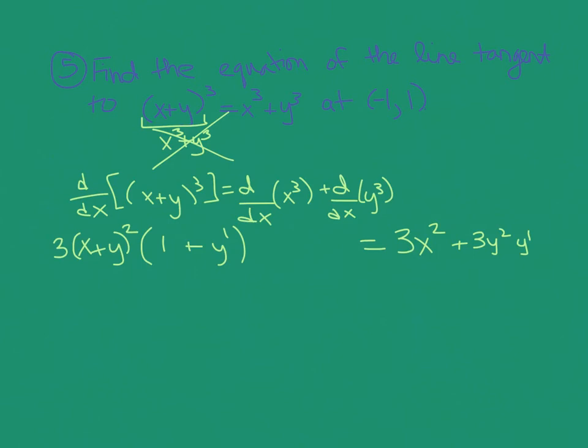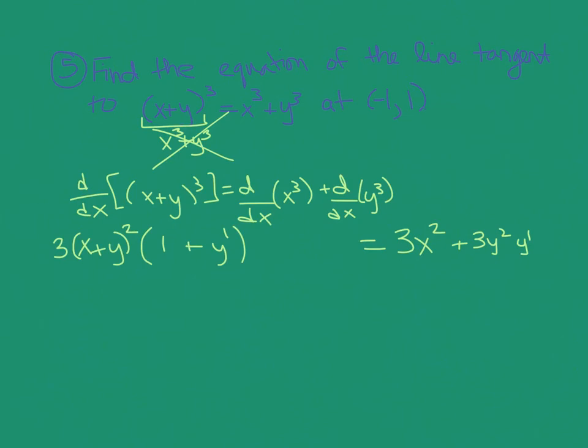So now here's the hard part. You're probably going to want to solve for y prime. Now, a little trick on this one: if you do not want to do that, you can actually just substitute in -1 and 1, and you'll be able to get an answer from there, and it makes the problem a little bit easier. However, just for practice, I am going to solve for y prime.